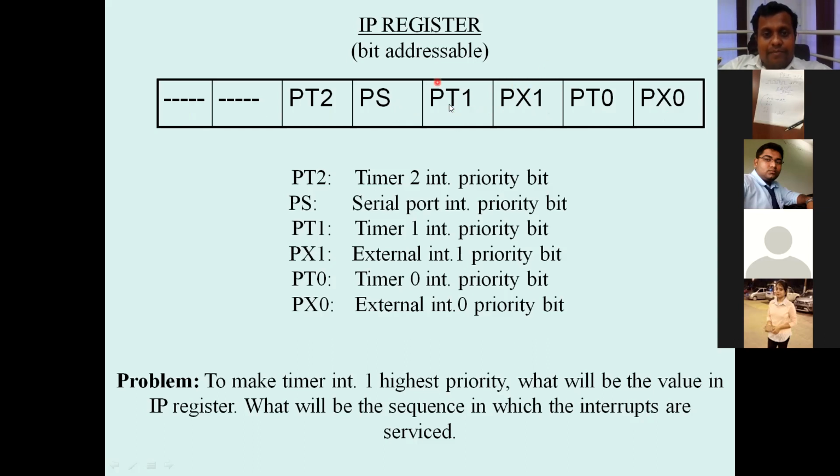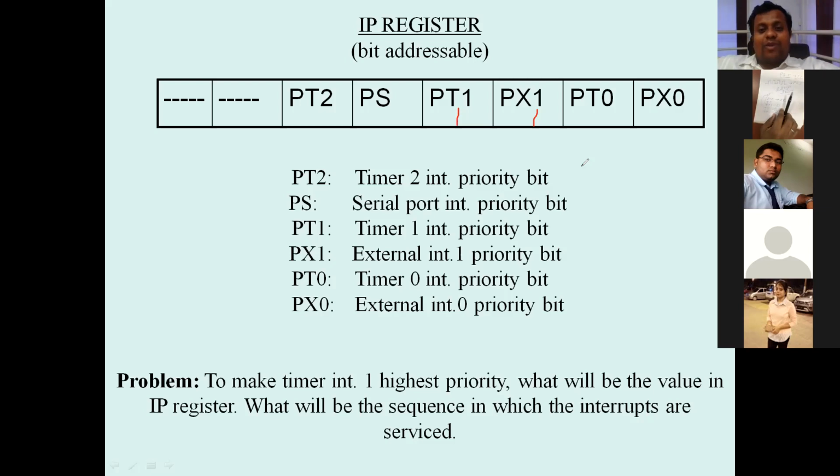If this bit is 1 and that bit is 1, and the rest are all 0, now what will be the priority level? First external interrupt 1, second timer 1 interrupt, third external interrupt 0, then timer 0, then serial communication.